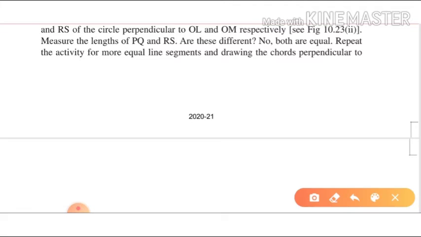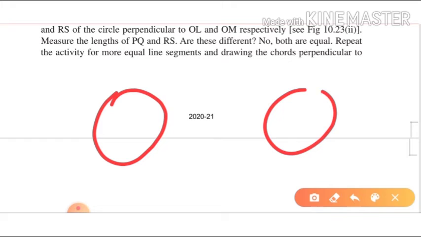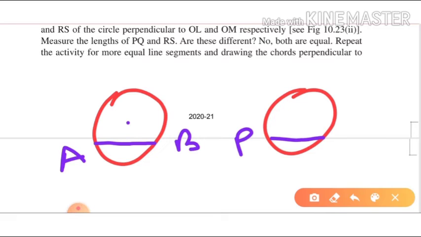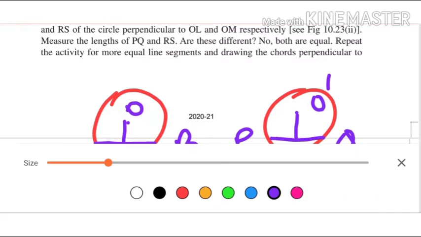You can take it for congruent circles also. Congruent circles means both the circles are the same, that means of equal size. Then if you take any two equal chords, say AB and PQ, here let it be O dash, this one as O, then we have to draw the perpendicular. Okay, when you're talking about distance, we always draw the perpendicular.